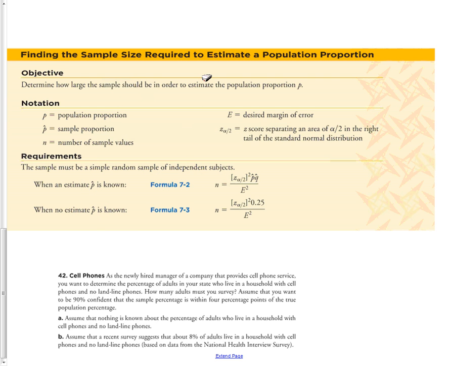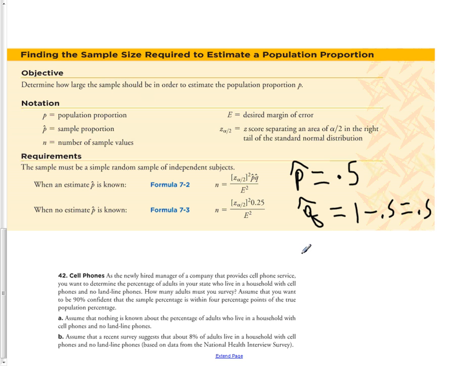We can only use formula 7.2 if we know p hat. If we don't have an estimate of p hat, we have to resort to formula 7.3. The only distinction between formula 7.2 and formula 7.3 is that in formula 7.3, we use the conservative estimate that p hat is about half, 0.5. If p hat is half, then q hat, 1 minus 0.5, is also 0.5.